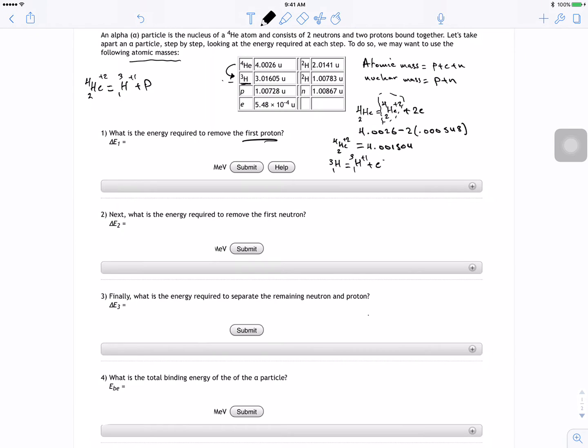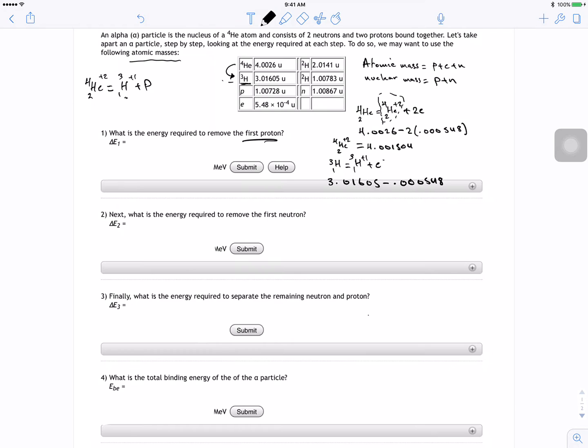For this one we do 3.01605 minus 0.000548. We subtract 1 electron because this one has only 1 proton and needs to have no charge.